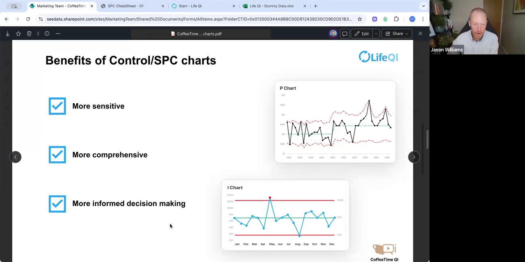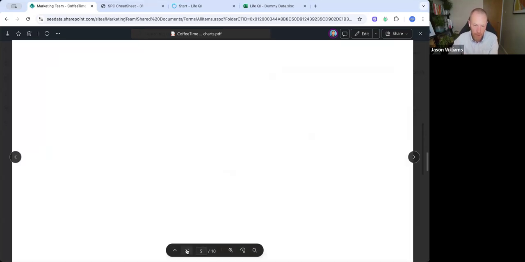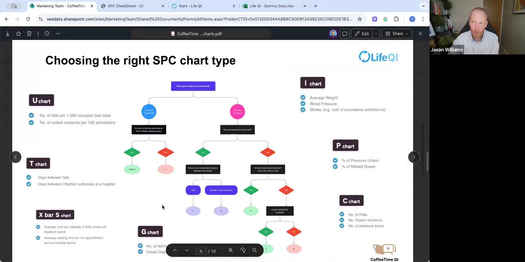So yes, there are benefits to both chart types. And as I said, depending on how much data you've got, the sort of data that you've got, it might be appropriate that a run chart is most suitable. But ideally speaking, look at creating a control chart or an SPC chart if possible. The difficulty or apprehension that often comes with that is there are a range of different control charts, and people are like, I don't really know how to decide what's best for me.